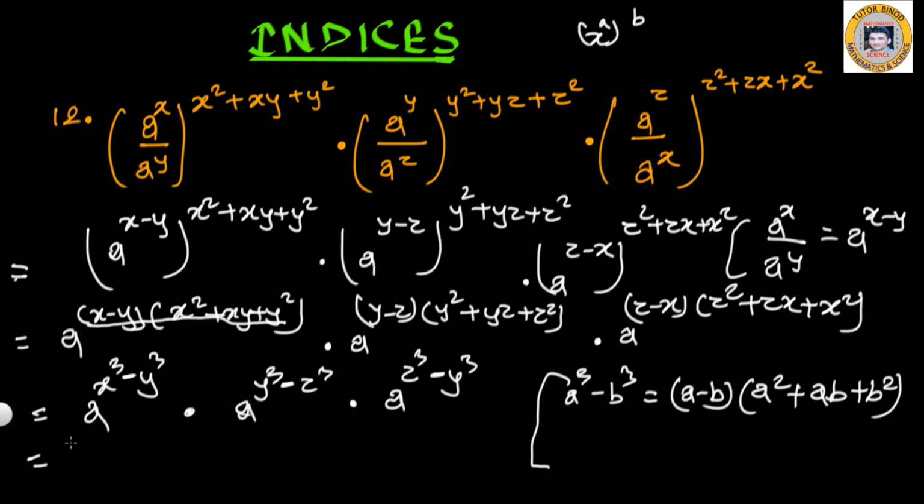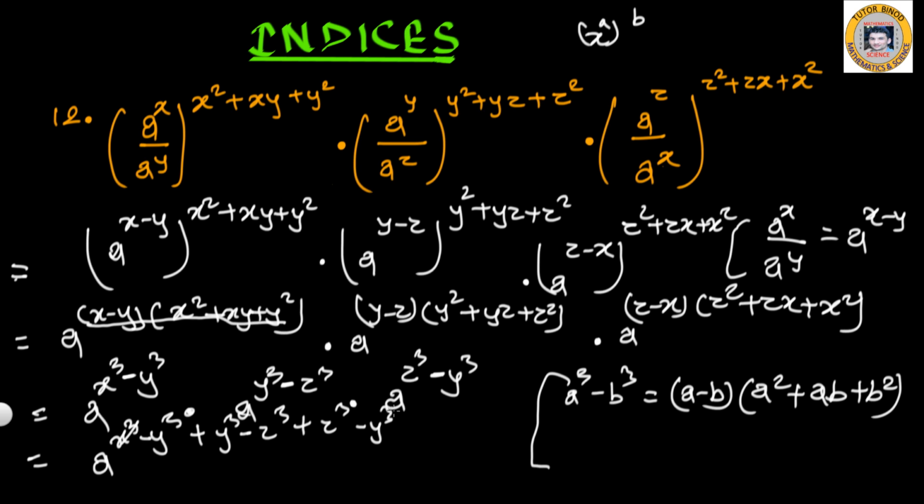Now I have all the same base raised to certain powers, so I can add all the powers because I have the same base, a to the power x cube minus y cube. Then I can add this term, which would be y cube minus z cube. Similarly, I can add this term plus z cube minus x cube.